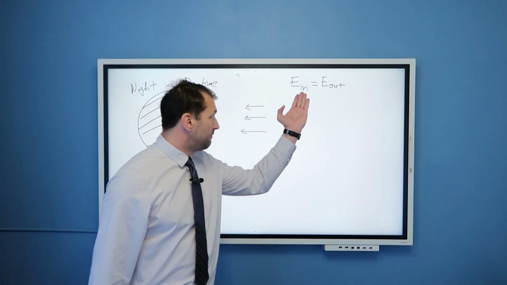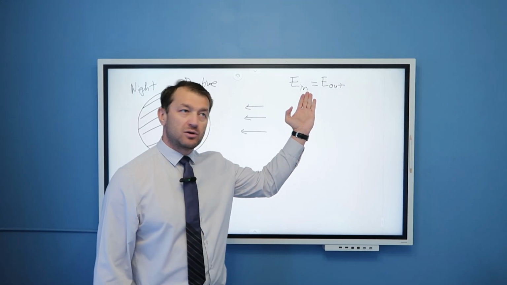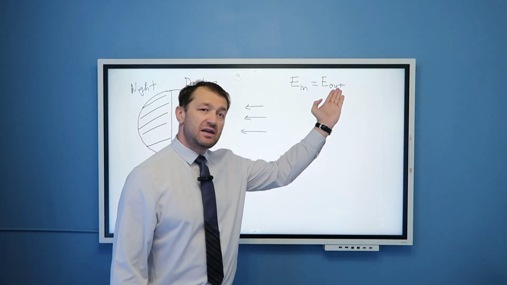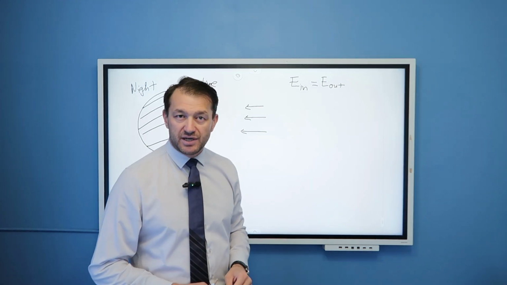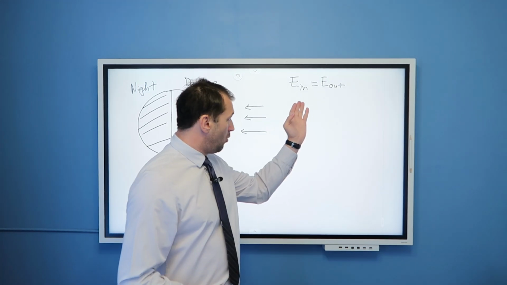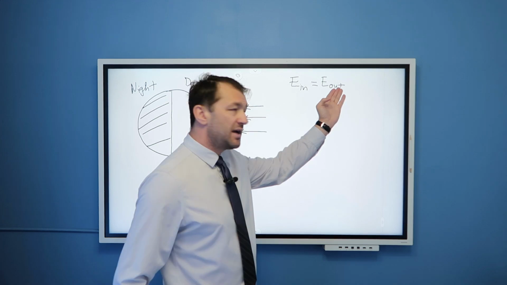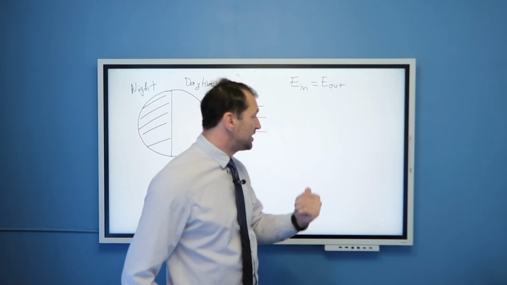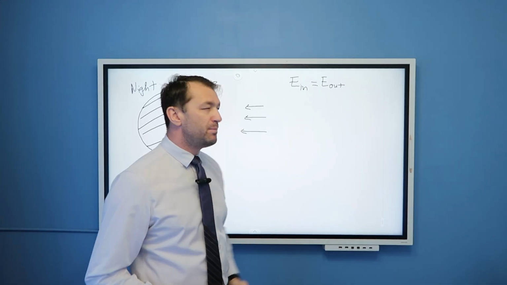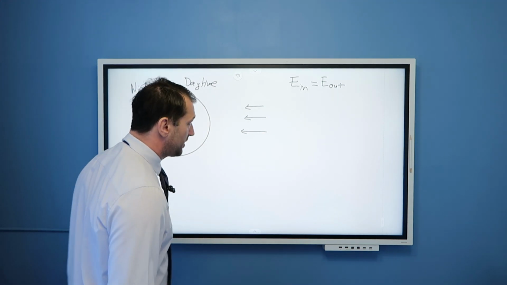Because if we were receiving more energy on an annual basis than we give out, temperature would increase with time. Or if we are giving out more energy than we receive, over time, our temperature would cool down. But that is not the case.